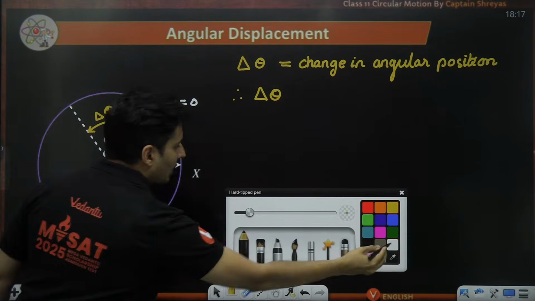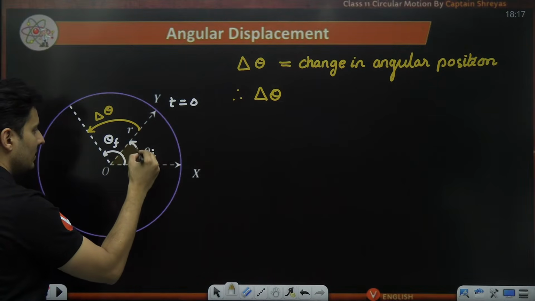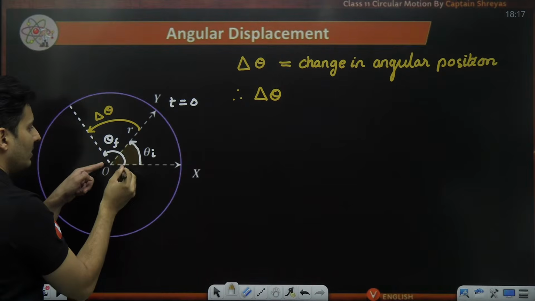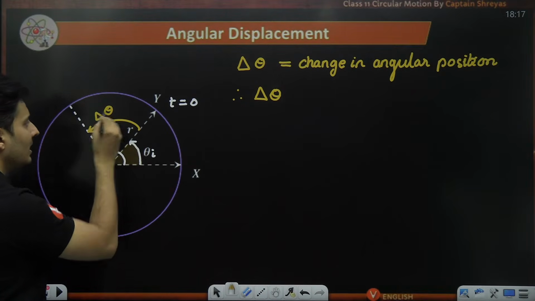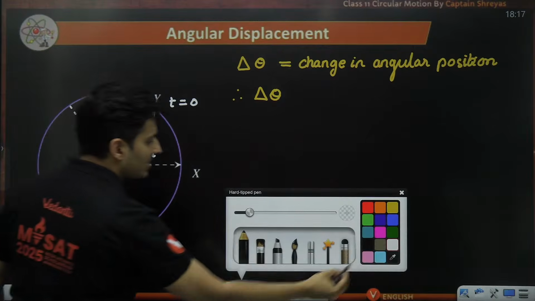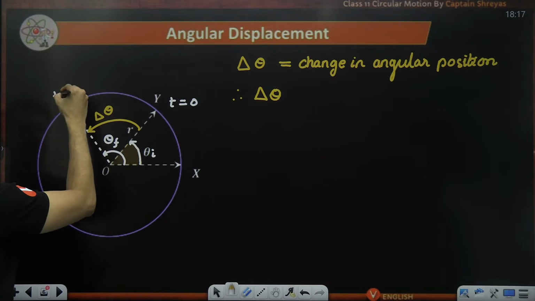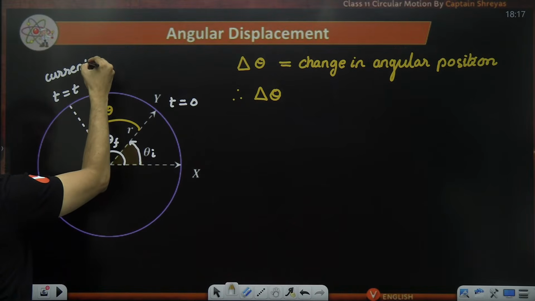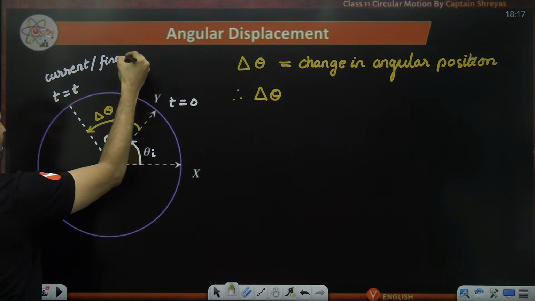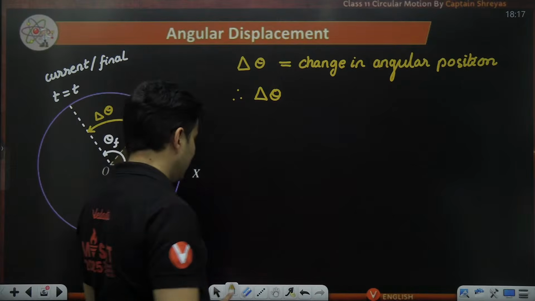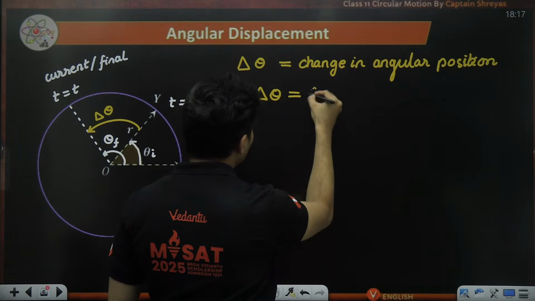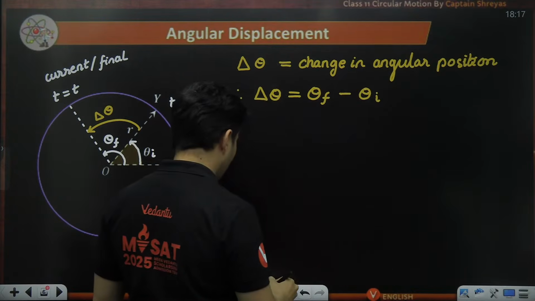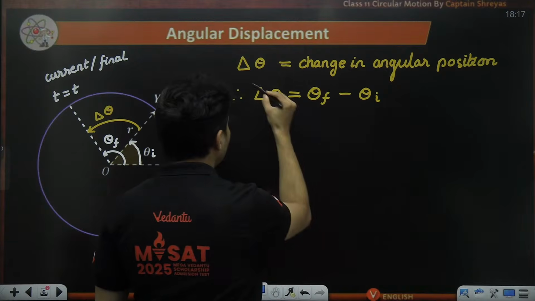If you subtract this angle from this angle, whatever is remaining is the angular displacement. This is your current or final position. So how much have you moved? That is delta theta. So I can also say it is final angular position minus initial angular position. Very easy peasy lemon squeezy.